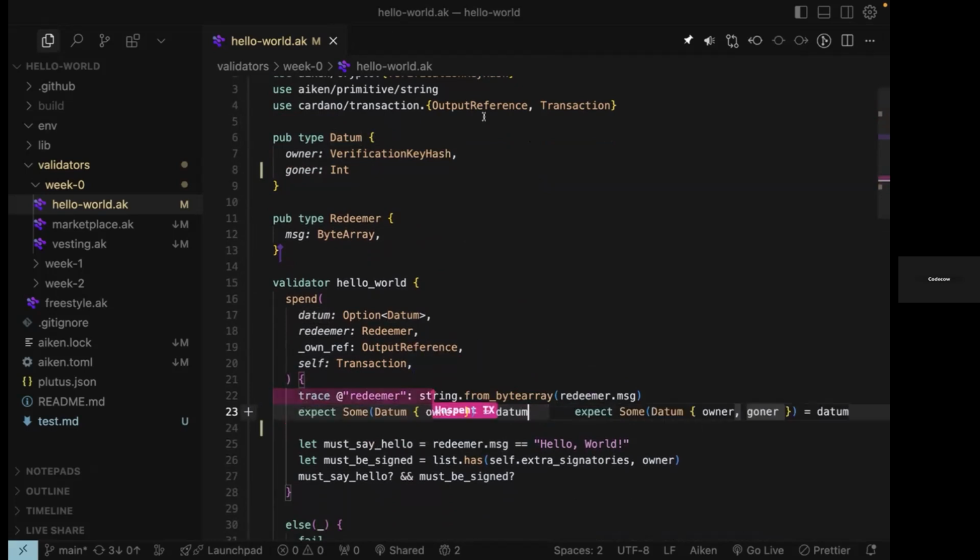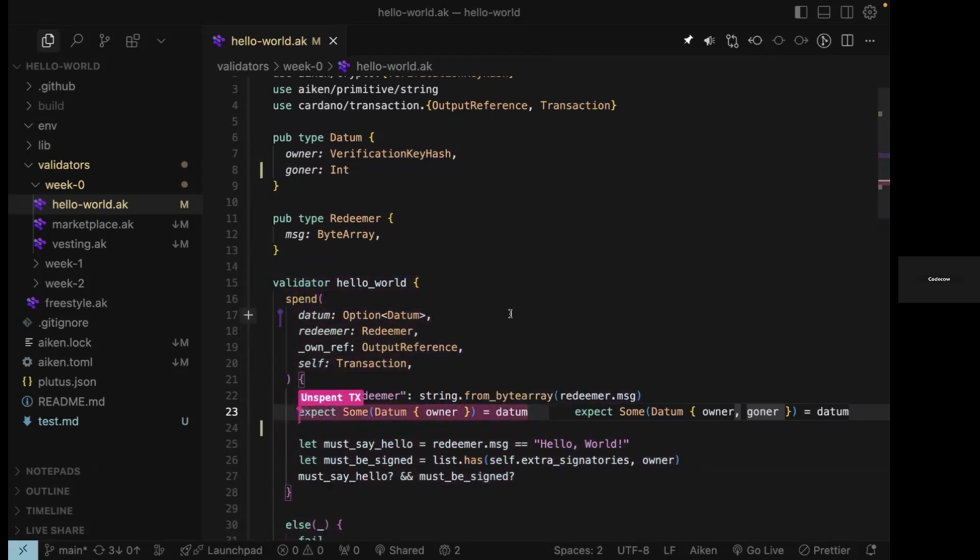Okay, so all we need to do for this validator to pass is make sure that the datum has an owner. So yes, the type has a goner on it, but the validator doesn't care about it. The validator only checks for this.